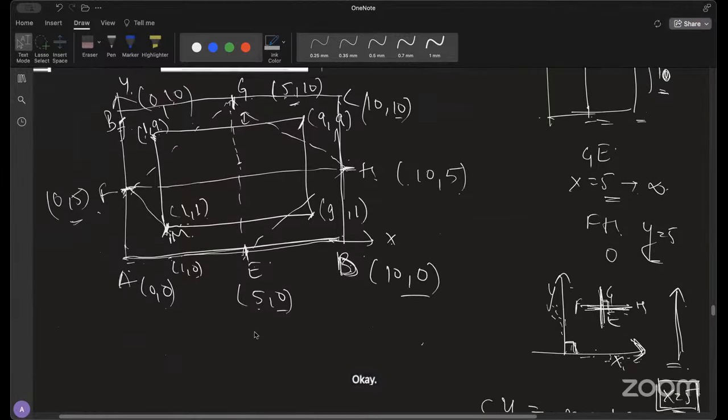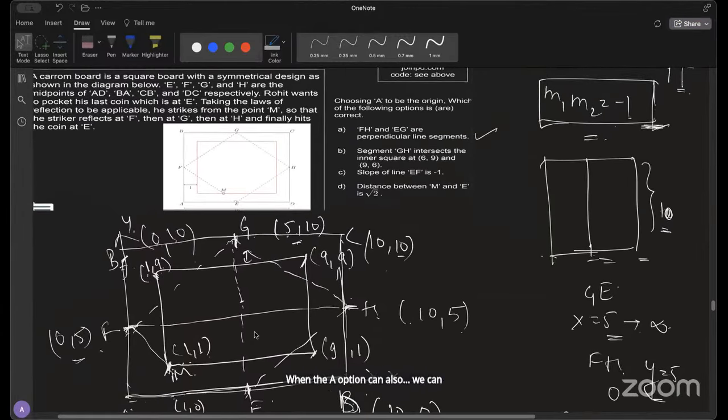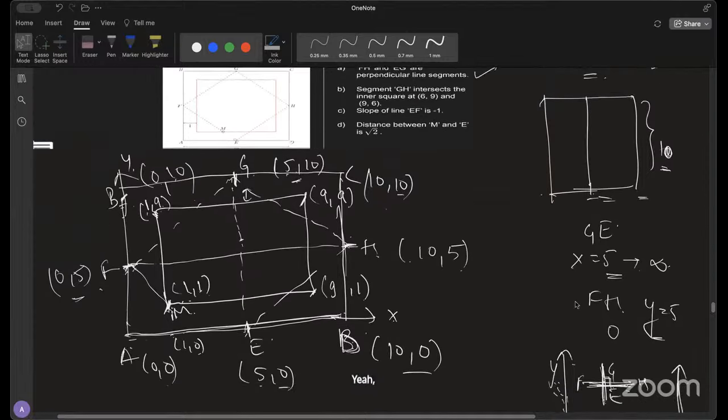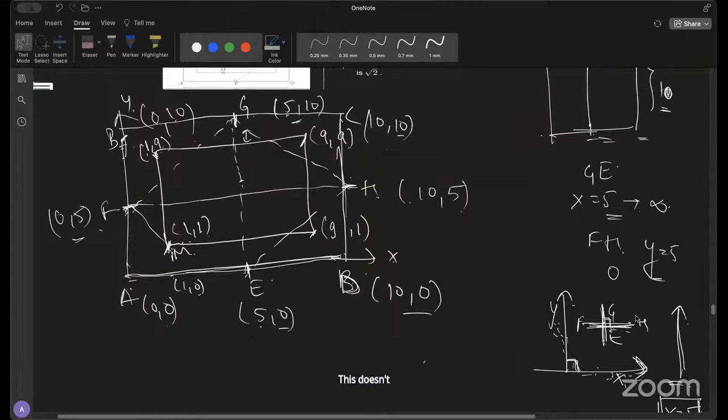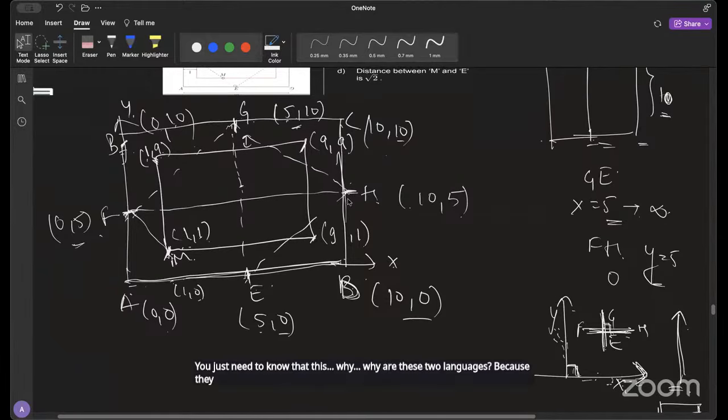Ma'am, option A can also be correct just by looking at symmetry, I guess. Symmetry wise, yeah, you don't have to follow this long logic that I told you. You just need to know why these two lines are perpendicular. You shouldn't say that they are perpendicular because they look perpendicular. That was my point.